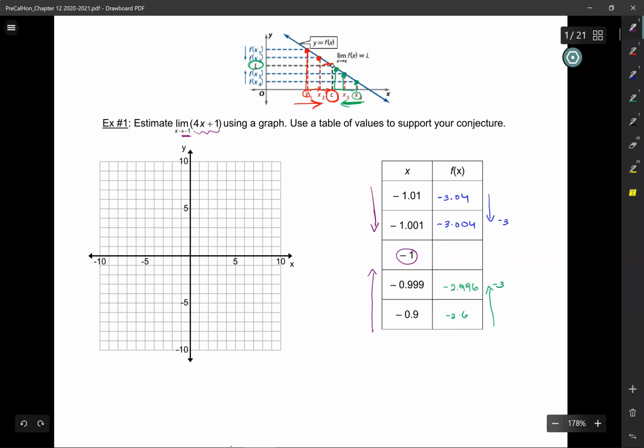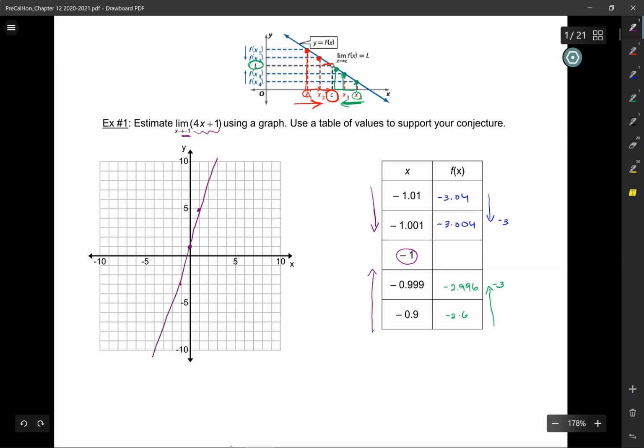And now let's graph this function here, and let's see if the graph and the table support one another. So 4x plus 1, this is the y-intercept, plus 1. I go up 4 over 1. That's what that looks like. And here we're going to go down 4 over 1, so like that.